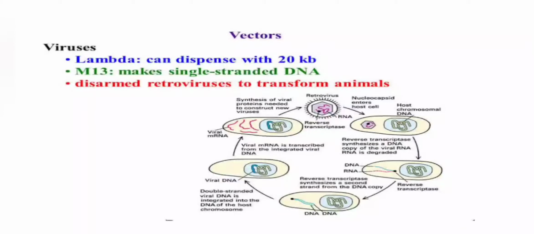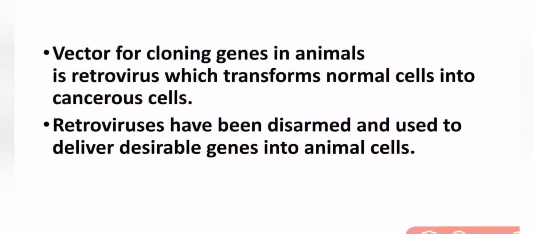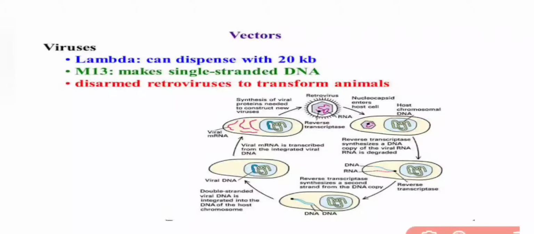Other vectors like lambda virus can be used as vector. Lambda can accommodate within 20 kb of DNA. It can transfer approximately 20 kilobase of DNA or the gene of interest to the other cell. M13 makes a single stranded DNA, and disarmed retroviruses can be used to transform the animal cell.